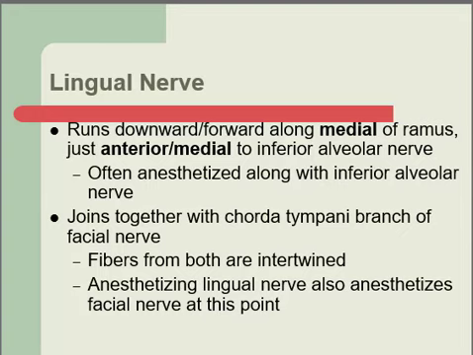So sometimes if you've ever been numb, for me, it feels like I'm tasting metal as it's wearing off. And that weird taste is called dysgeusia. It's because branches of the facial nerve, that chorda tympani that supplies taste sensation for the anterior 2/3 of the tongue, is also numb.